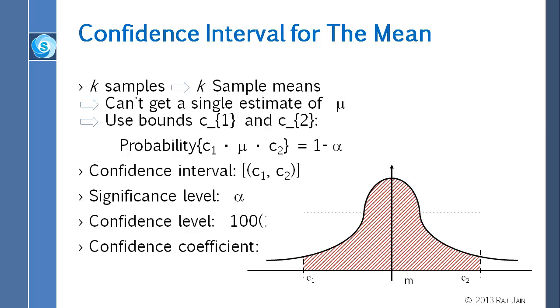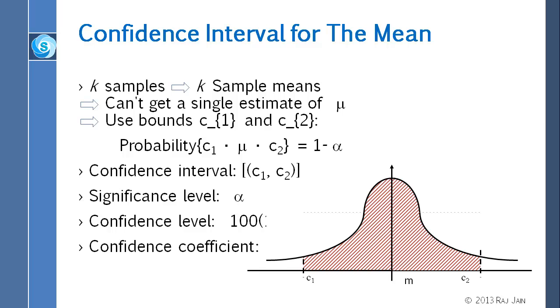As I said before, we might use just 5% or 10% as a common value. When you say 10%, you want to be 5% wrong on this side and 5% wrong on that side, and you want 90% to be in this area. When we say 10% error, then the significance level alpha is 0.1. Your confidence level is just 1 minus that, so confidence level is 0.9 times 100. Generally we say it in percent, so we say 90% confident.